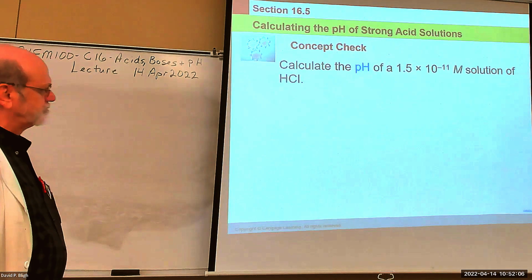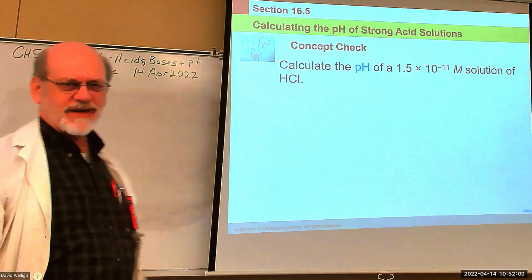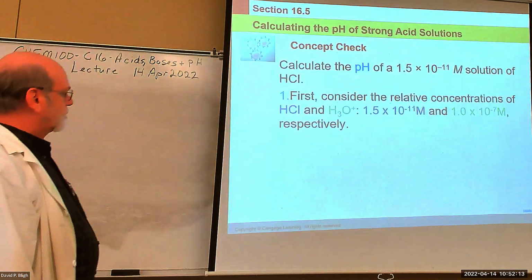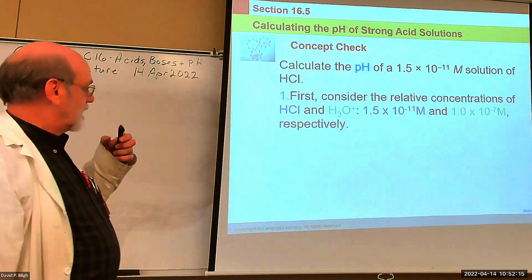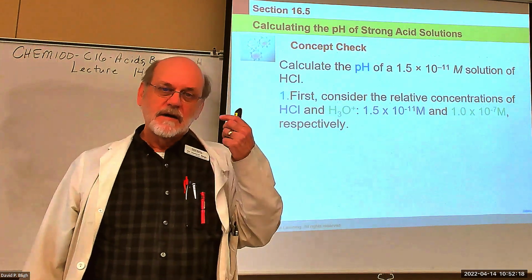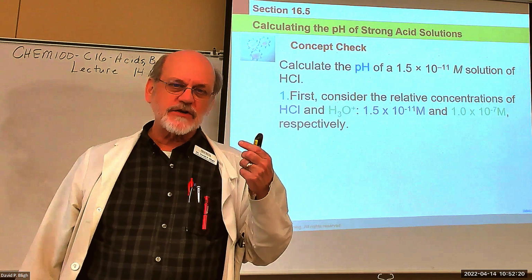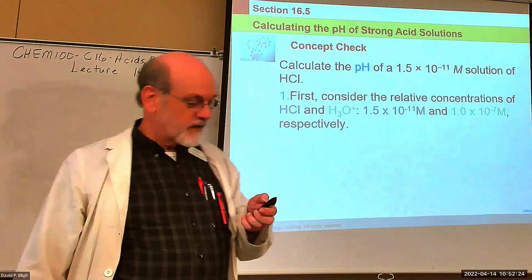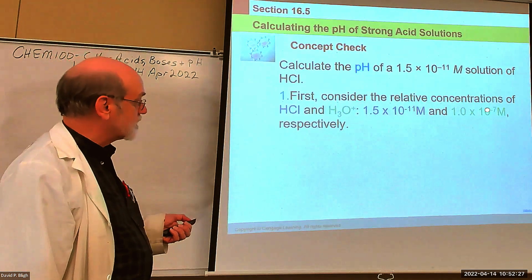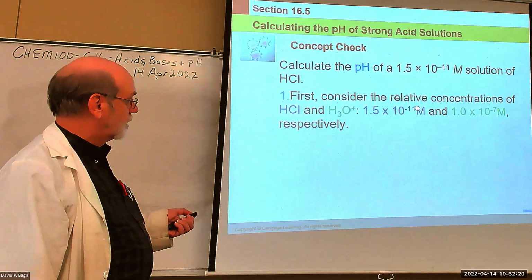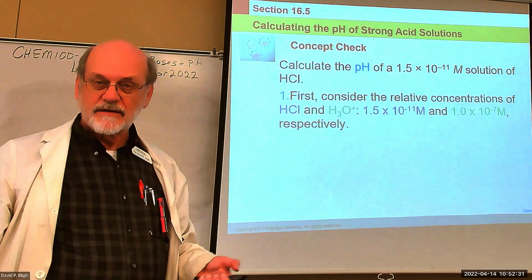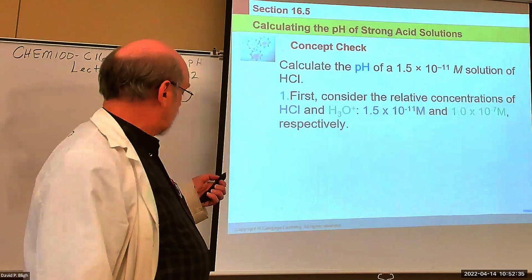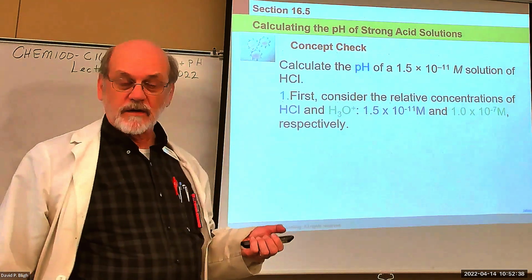How about the pH of 1.5 times 10 to the minus 11th molar HCl? Well, in this case, what's the concentration of hydrogen ions in pure water? Well, the concentration of hydrogen ions in pure water is actually greater than that. So if you think you're making an acidic solution by adding this much hydrochloric acid, you're wrong.